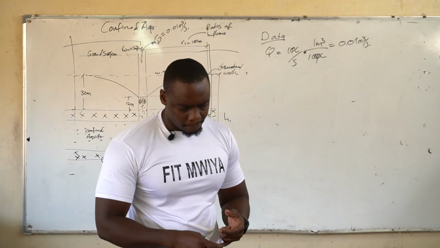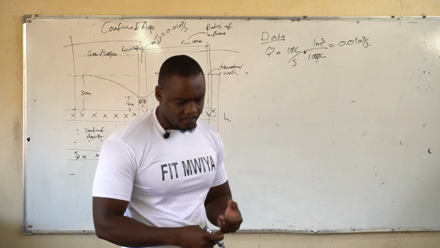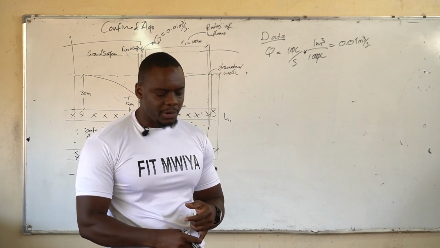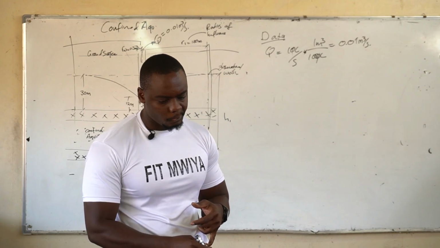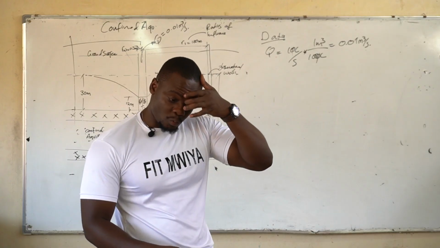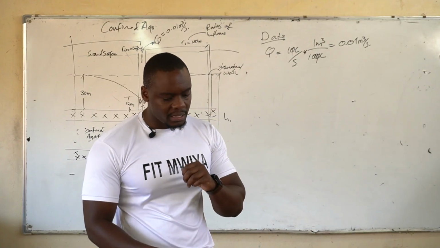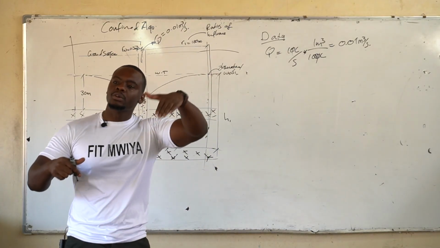And so the question said, the observation well is 180 meters away just when the water table is about to fall.